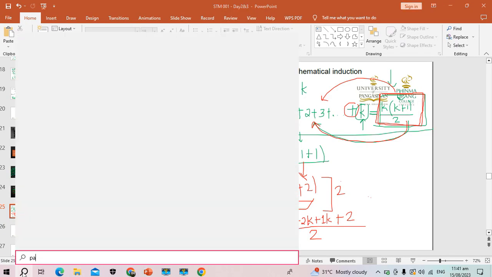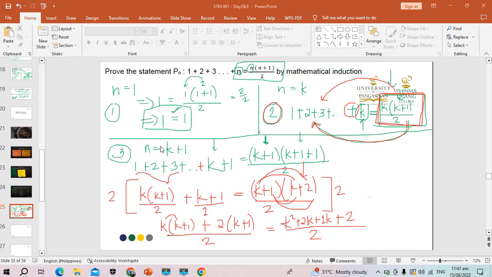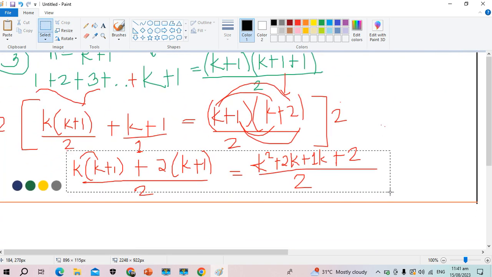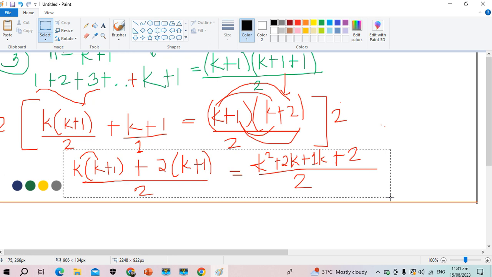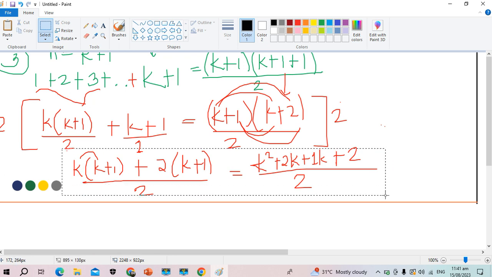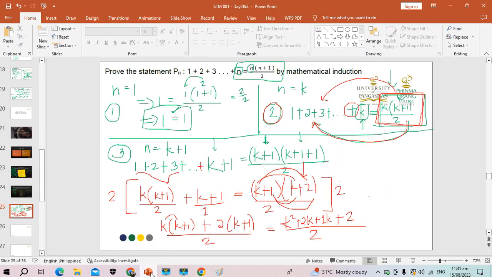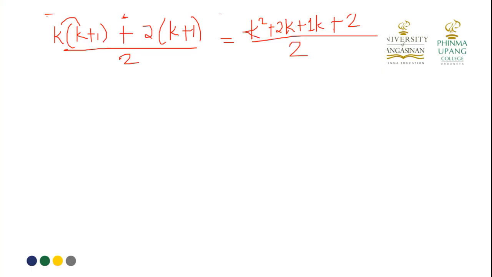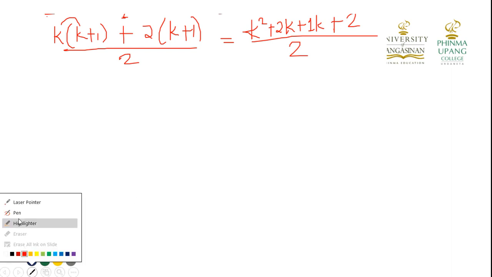Mag-paint muna tayo. Wait na ha. Ayan. Copy. Tapos balik tayo doon. Dugtungan natin to. Nakikita pa rin ba yung aking slide? Yes, sir.